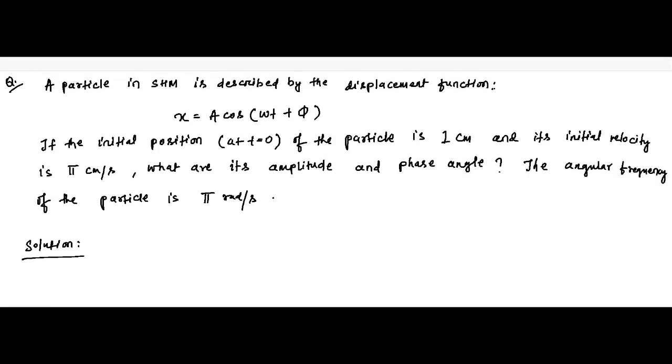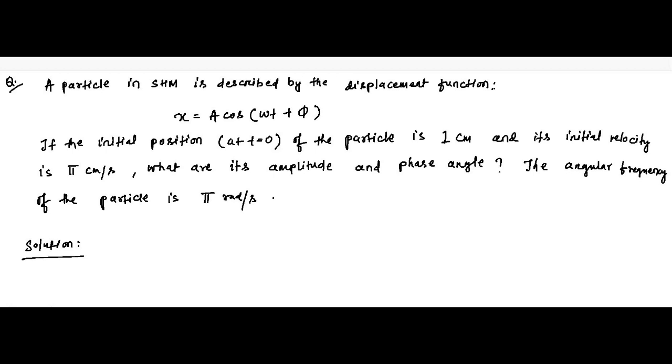So here is another question on SHM, the basic equation of simple harmonic motion. It is given that a particle in simple harmonic motion is described by the displacement function x is equal to A cos omega t plus phi. So here it is given in cos.